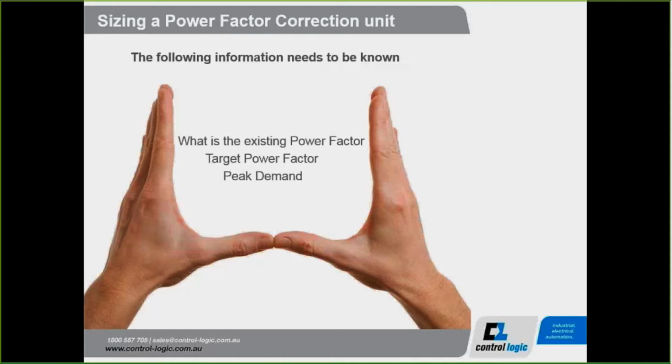We can calculate it. Otherwise, if that information is missing, you can ask, of course, your energy retailer for that information. You may, of course, have some smart metering already on your site that will give you that information. Or if none of those are options, we can also assist you with obtaining this information. But these are the three basic variables that are required to size up a power factor correction unit.